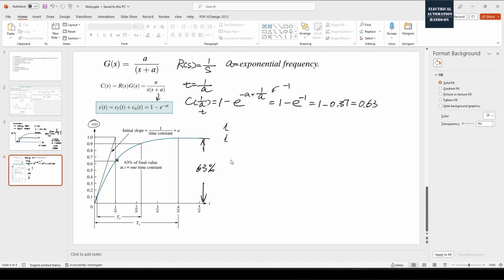Once we find the 63% of this result, we can read off the related time here, which is 1 over a. So if we know the time from the curve, we can definitely find it here. The unit is seconds. Once we find this time, we can get the a parameter, which is named the exponential frequency.